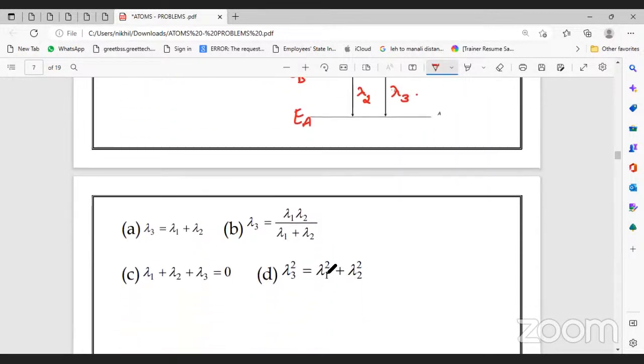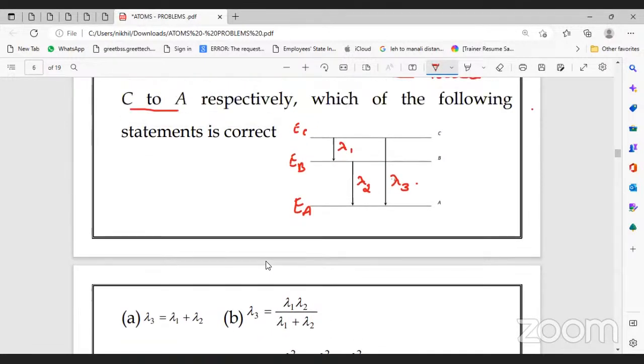They have given the options in terms of wavelength, students.